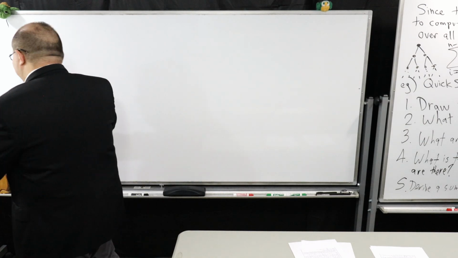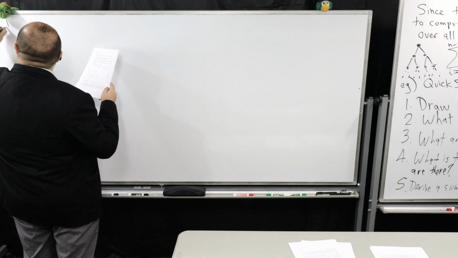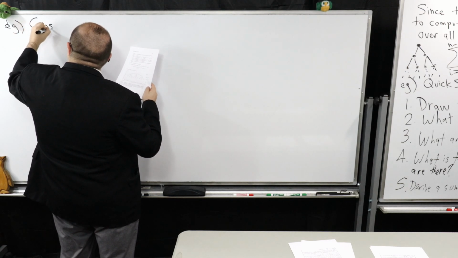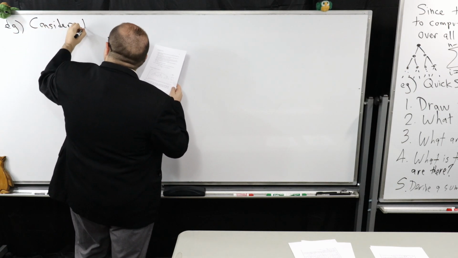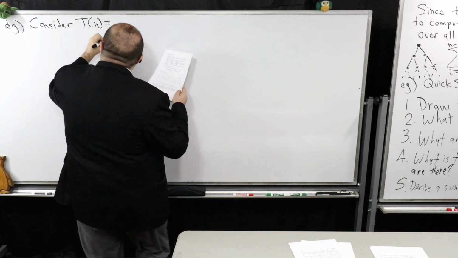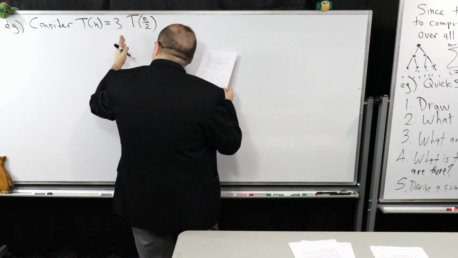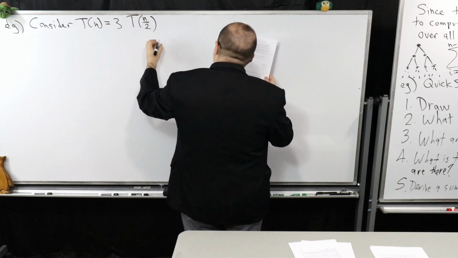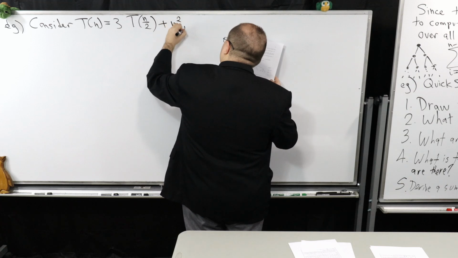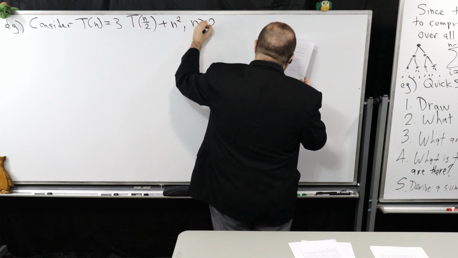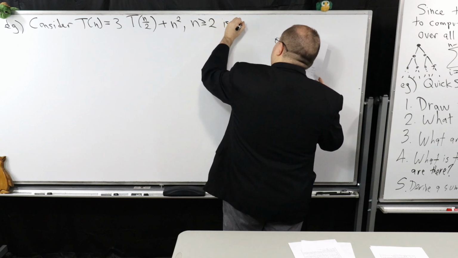Here's something a little bit more interesting. Here's another example. We're going to consider T of n is equal to 3 times T of n over 2 plus n squared, where n is greater than or equal to 2 and is a power of 2.